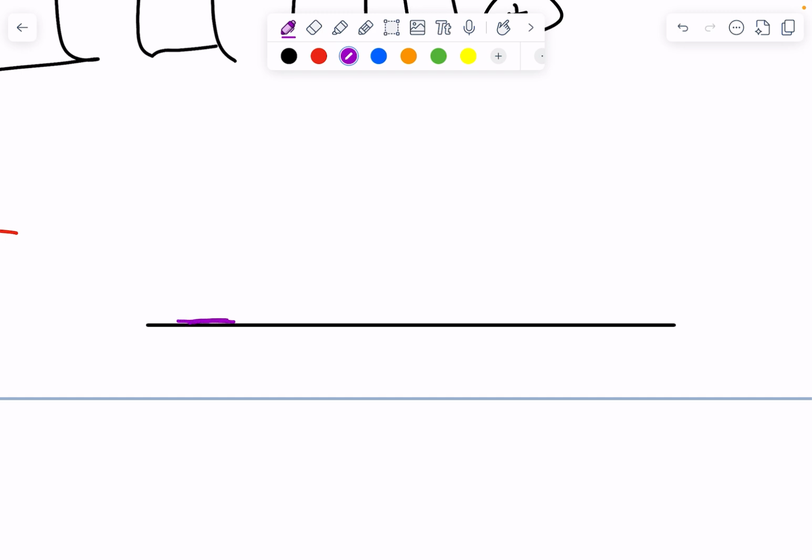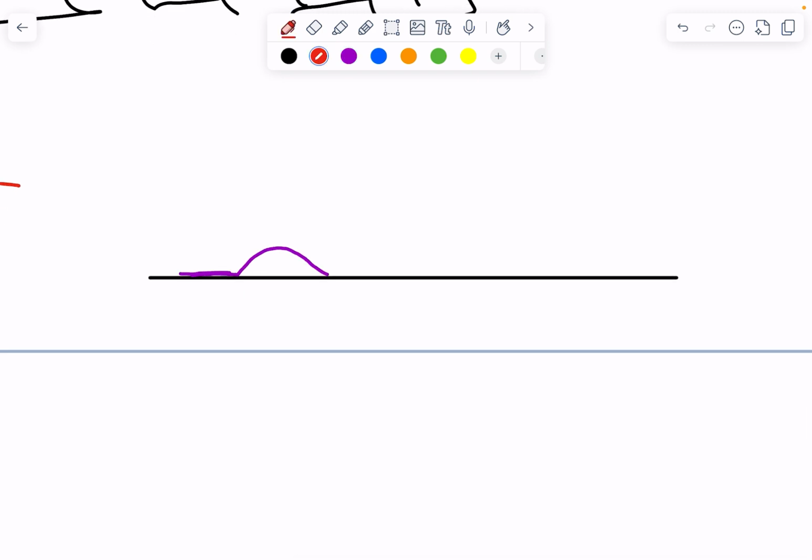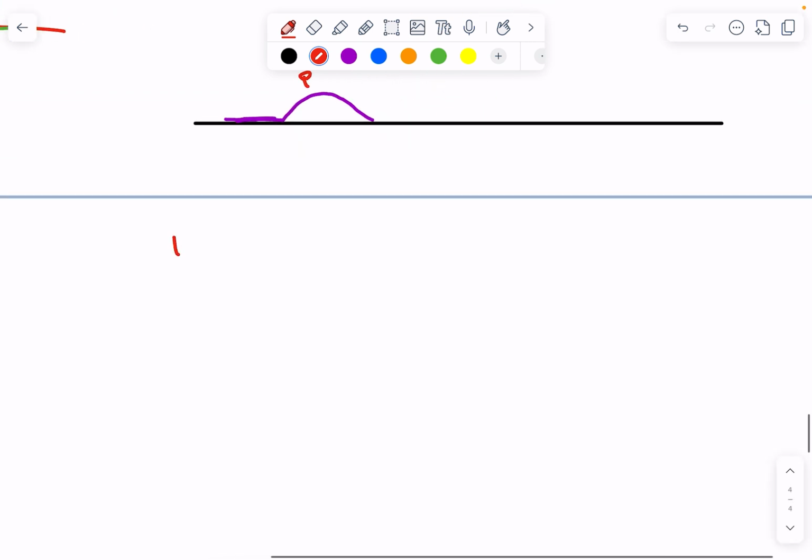It's going to go flat, and then you're going to have a little bump. This is called the P wave. I'll write down here what's happening during the P wave. The P wave is generated during the depolarization of the atria.